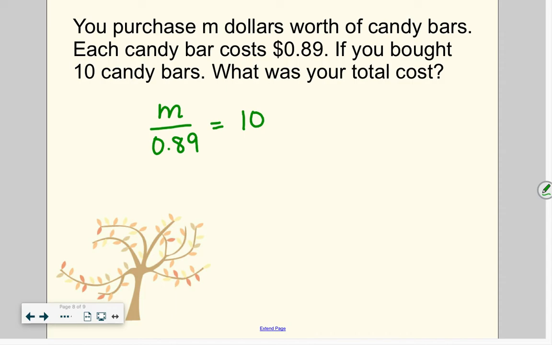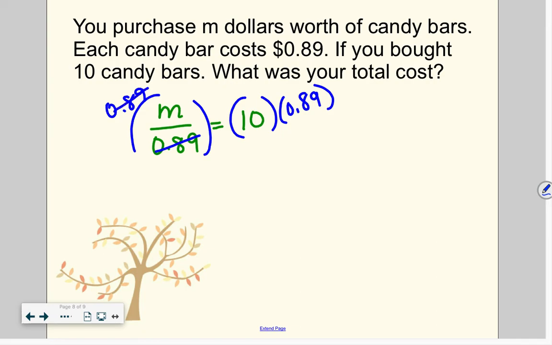So what is the opposite of dividing by 89 cents? Multiply both sides by 89 cents. So multiplying and dividing cancel. M is going to equal. Now you're multiplying times 10 again, so that decimal point is just going to move over to the right 1 point.